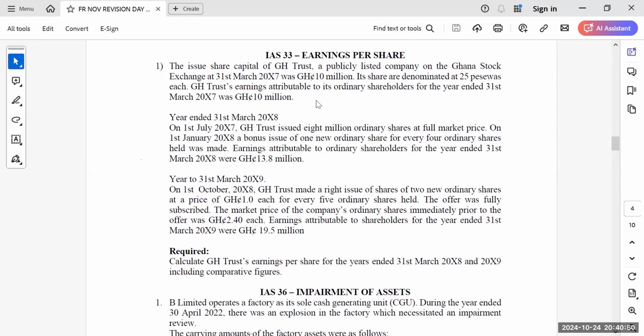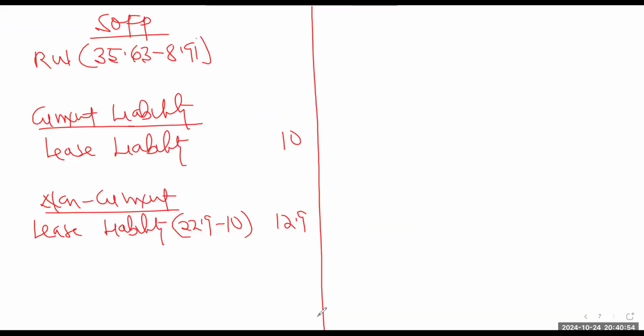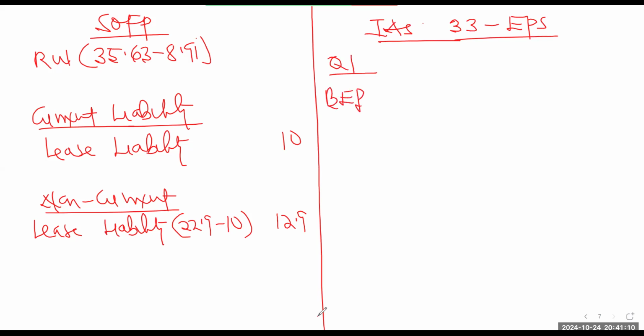Okay, so what we do is let's calculate the earnings per share. So that will be IS 33 earnings per share, and we have question number 1. Very interesting one. So let's calculate the basic earnings per share for 2x7.